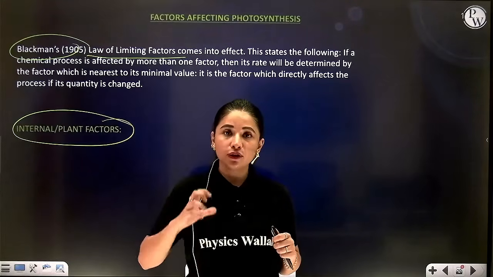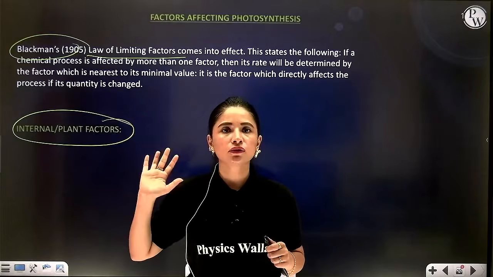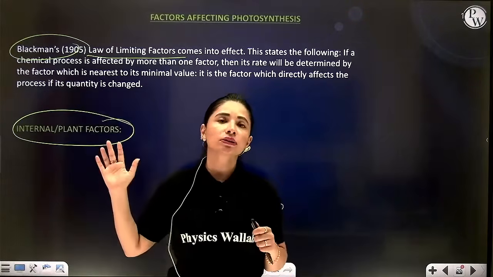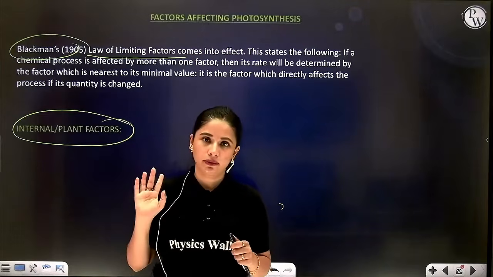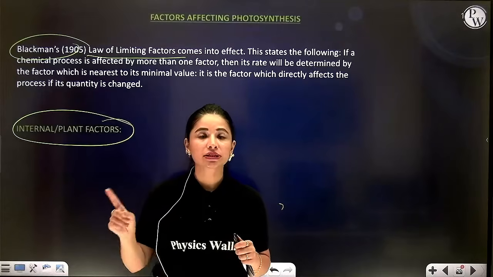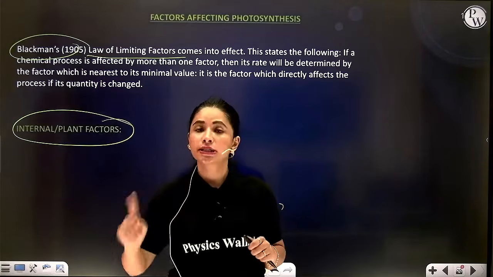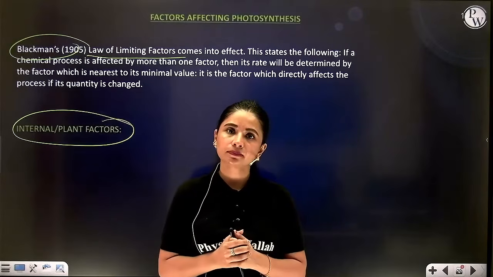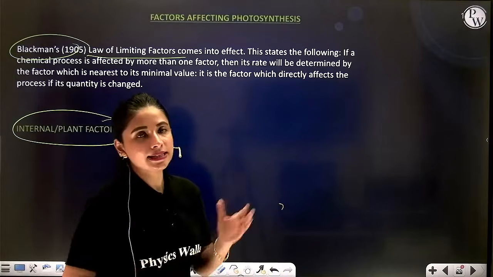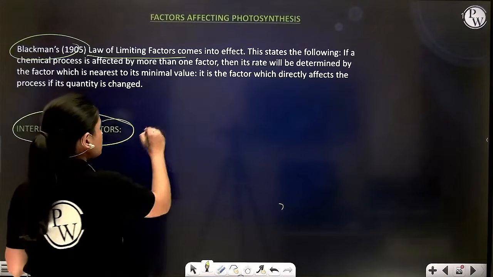If CO2 gets consumed completely, no matter what the amount of light or water available, photosynthesis will not operate. So the rate of reaction is decided by the availability of the limiting factor, which is CO2 in the case of photosynthesis. Correct? Now, let's see some of the internal or plant factors which affect the rate of photosynthesis.